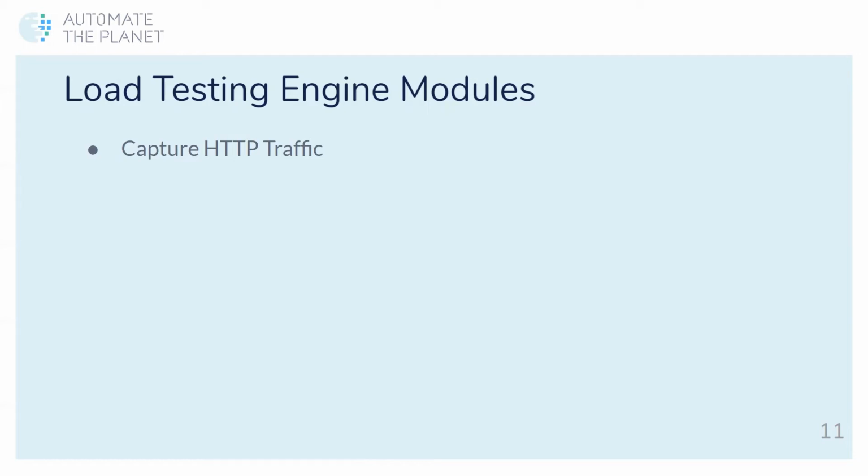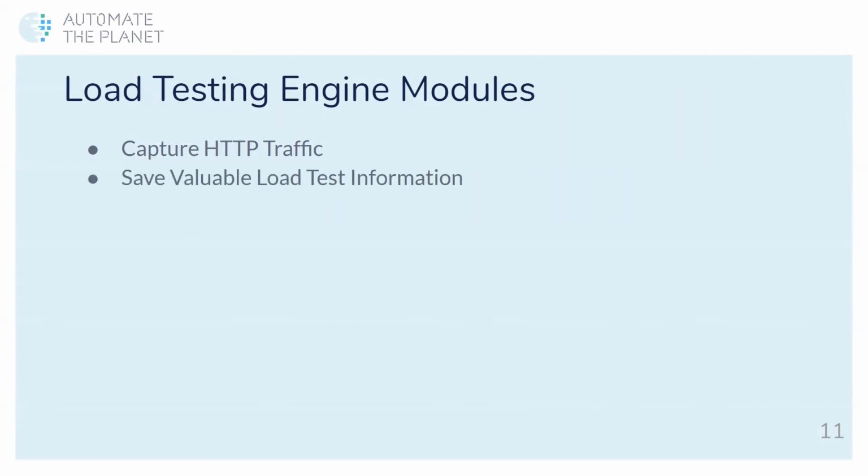So basically we need a module for capturing the HTTP traffic. I will show you one implementation of it, and then I will explain what you can do in WebDriver 4 when it's official and how you can use it in Chrome.